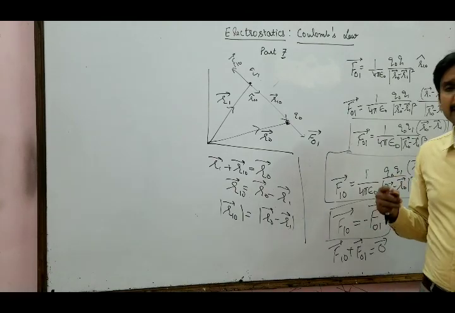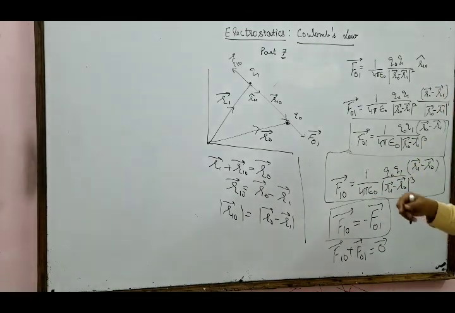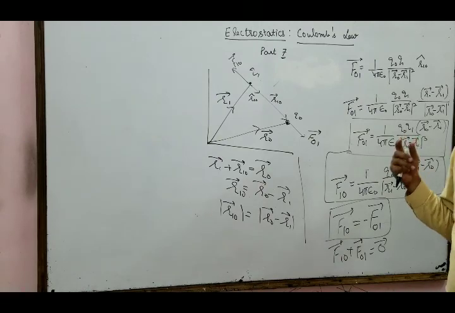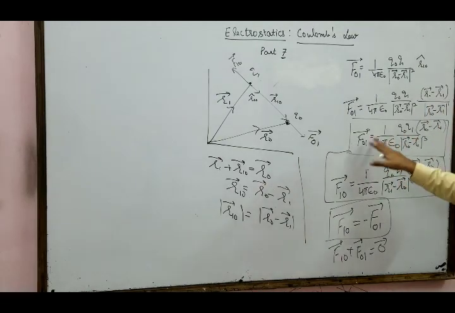But one thing I must suggest you is to carefully keep in mind that while writing the expression for a force, everything else will remain the same, 1 over 4 pi epsilon naught, q1, q2, whatever. But you need to write the position vector of the charge on which you wish to calculate the force first, minus the position vector of the charge due to which you are calculating the force.